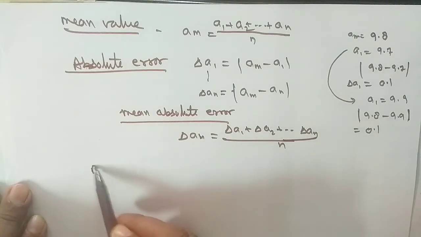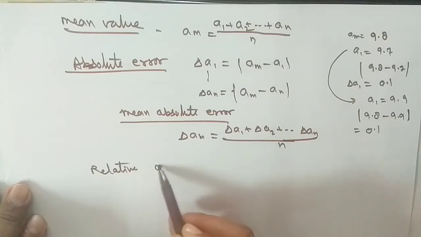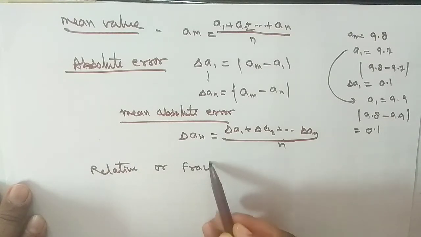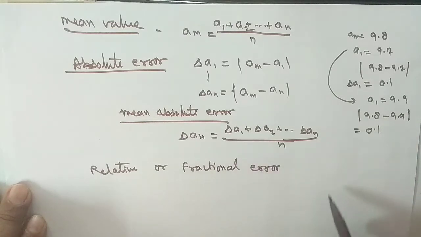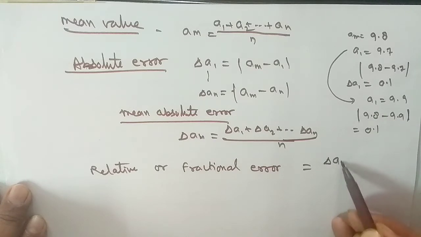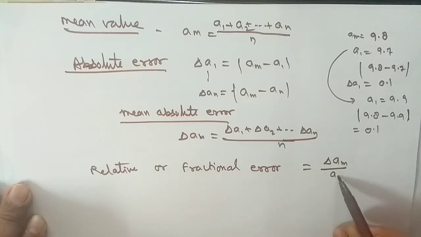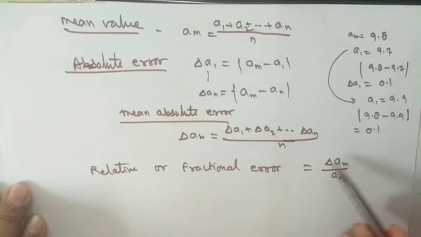Another type of error is the relative error, sometimes also known as the fractional error. It is equal to the ratio of the mean absolute error to the mean value.